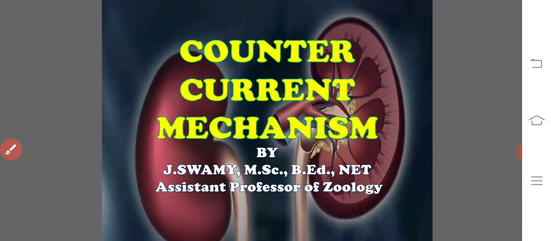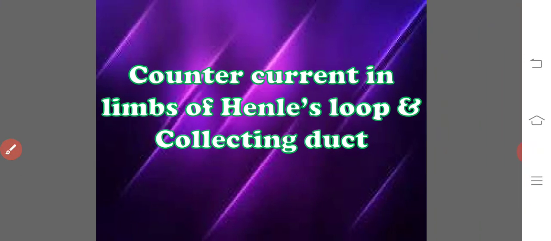The first countercurrent mechanism is seen in the limbs of the Henle's loop and the collecting duct, and the second one is in the vasa recta. Let us see how the countercurrent mechanism helps in the formation of hypertonic urine in the limbs of the Henle's loop and the collecting duct.